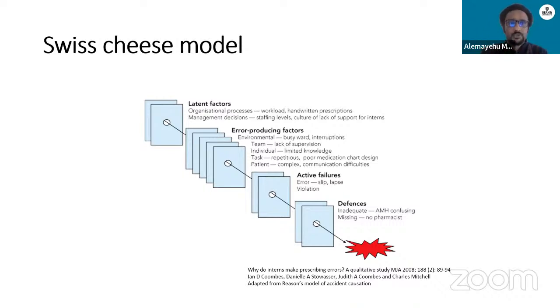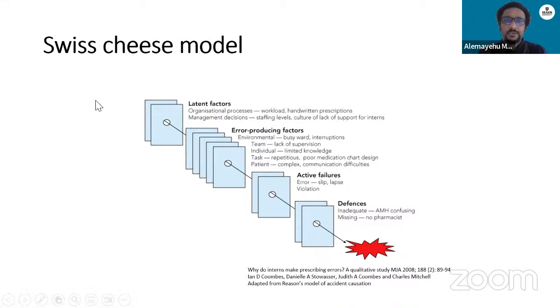So the Reason model shows that medication errors are due to two factors. One is active errors or human errors, that's individual-based errors. Another is system errors or latent errors. The latent errors are failures within the system. You know, there are some holes.